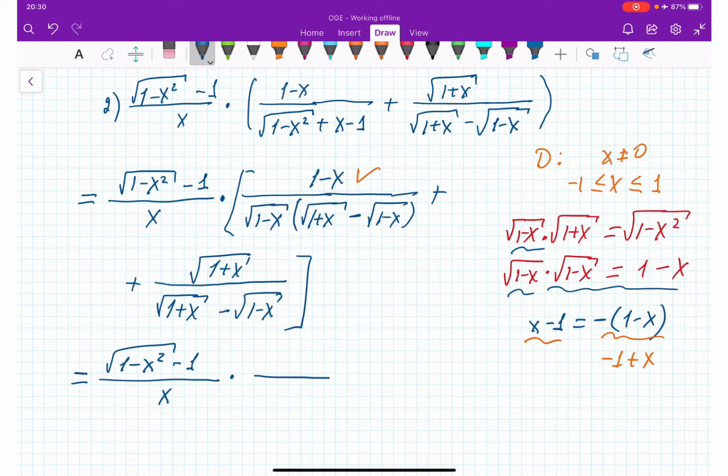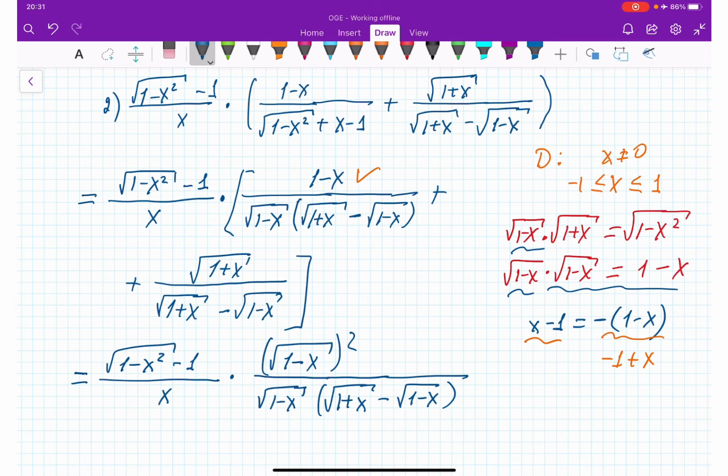Or I can write down square root of 1 minus x, squared. And in the denominator I still have square root 1 minus x. Here I have square root 1 plus x and minus square root 1 minus x.